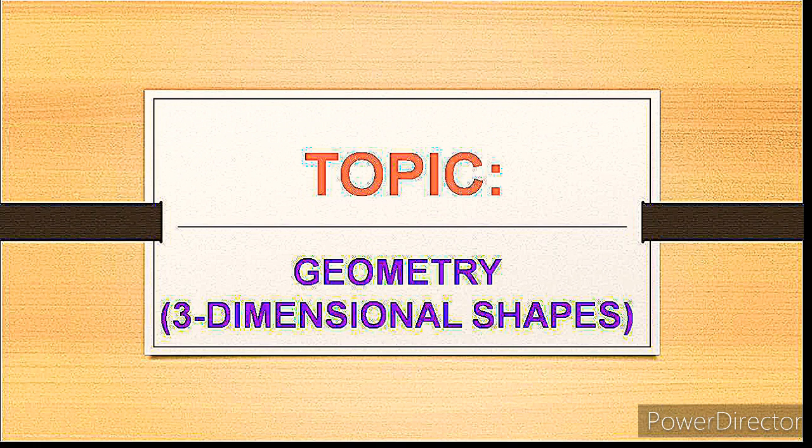Okay, still on the topic of geometry, so today we'll be rounding up on this. Today we are looking at three-dimensional shapes and their properties. First, we looked at basic geometry types, examples of two-dimensional shapes and three-dimensional shapes. And last week we looked at quadrilaterals and polygons.